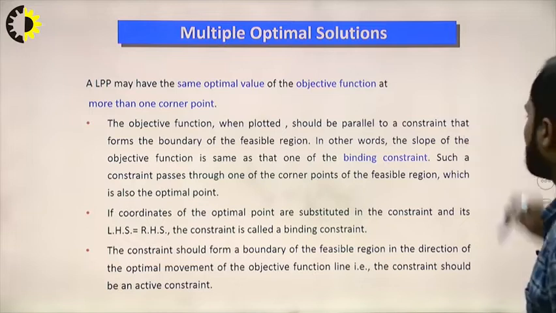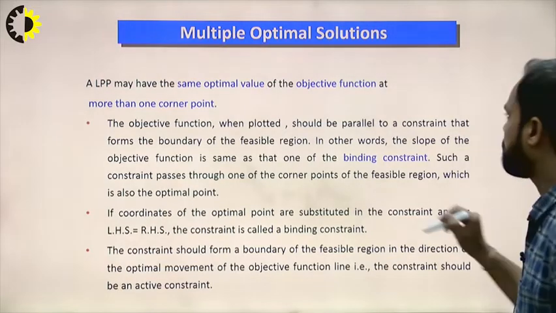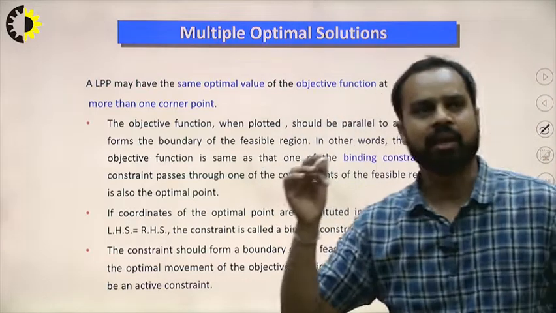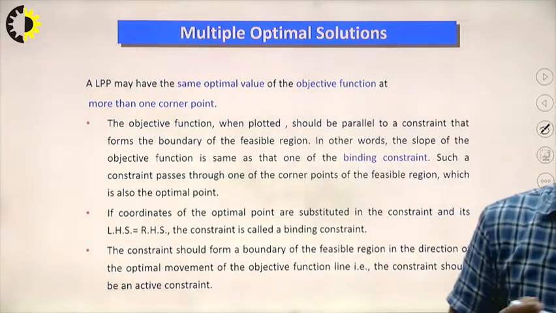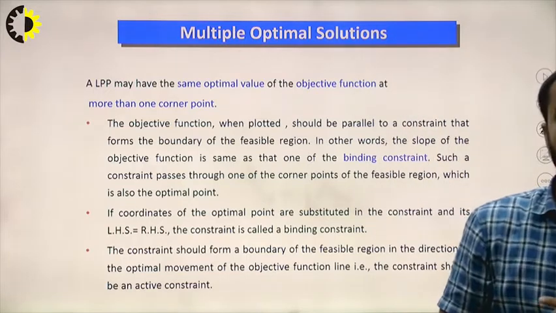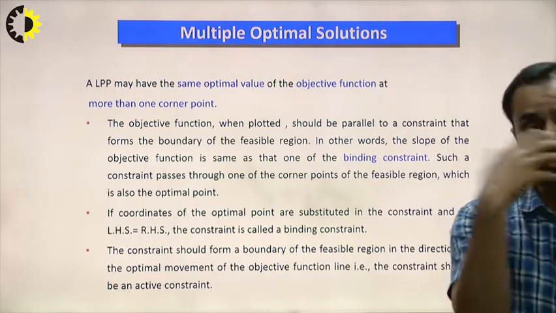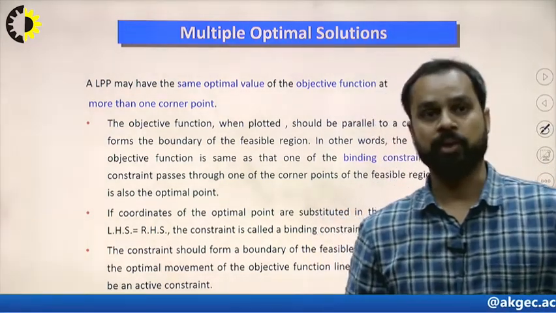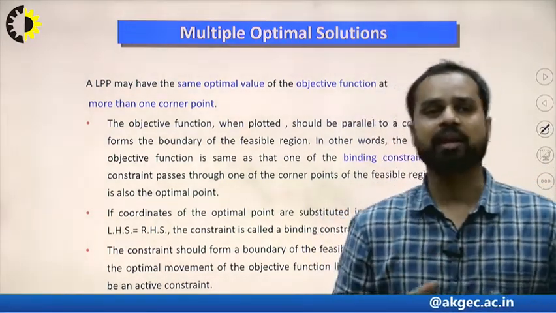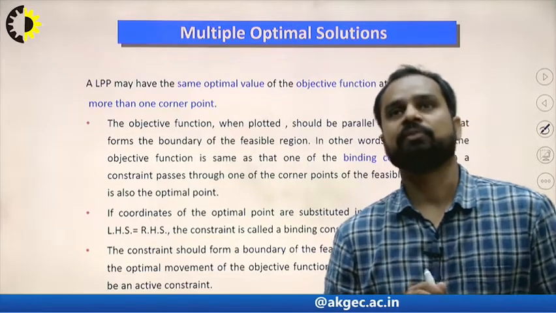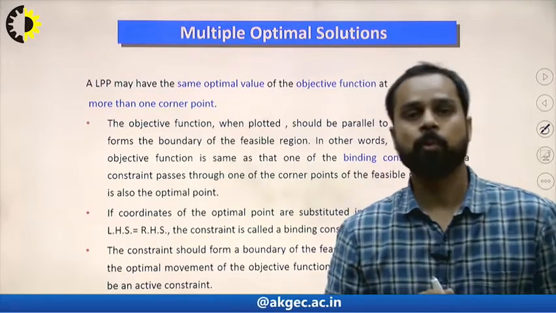In multiple optimal solutions, an LPP may have the same optimal value of the objective function at more than one corner point, meaning we have different combinations of decision variables giving the optimum value, right? How can we identify this before starting the problem? We can identify it by checking the slope of the objective function.